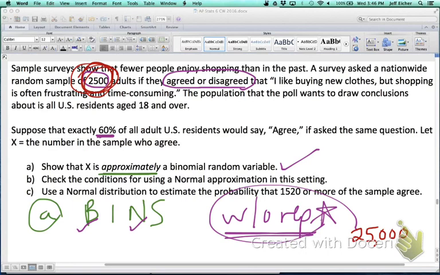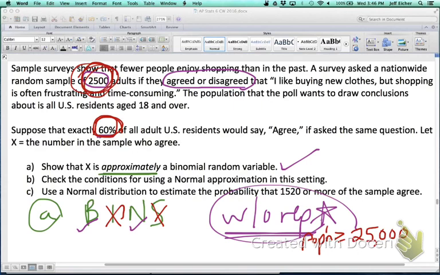So I think it's safe to assume that the population of the U.S. is greater than 25,000. So even though it's truly not independent and truly not a probability of success that's constant, we can ignore that issue of sampling without replacement, because our population is so huge, taking one person out of the population isn't really going to affect this overall percentage really much at all. So that is how you discuss and answer question A.